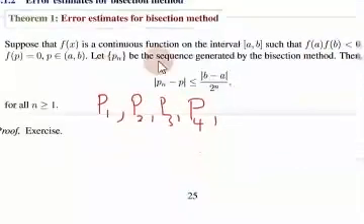Then the difference between any midpoint and the exact root is less than or equal to the length of that interval divided by 2 to the n.